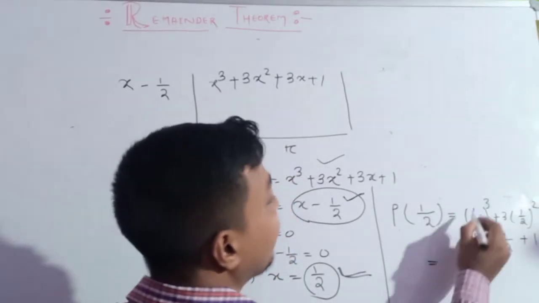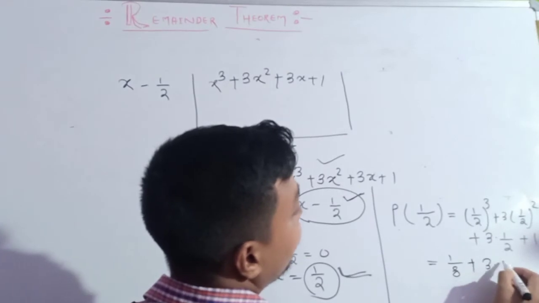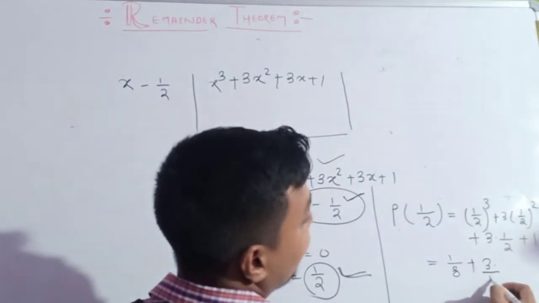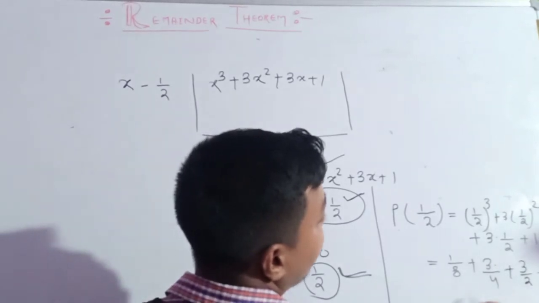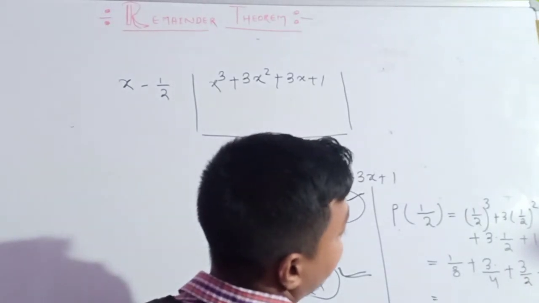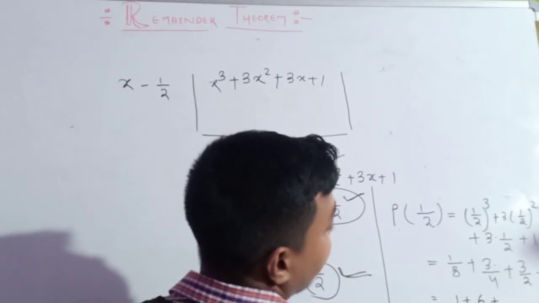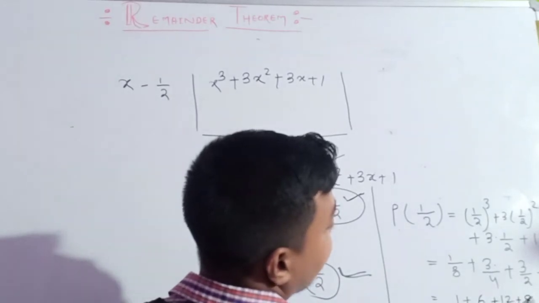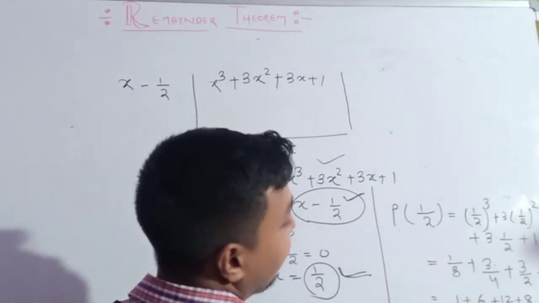On simplifying, you get 1 by 8. Here it is 3 into 1 by 4, which is 3 by 4. Here it is 3 by 2. Here it is plus 1. And here the denominator is 8. Here it is 1, here it is 6, here it is 12, here it is 8. 1 plus 6 plus 12 plus 8 is 27, so 27 divided by 8.